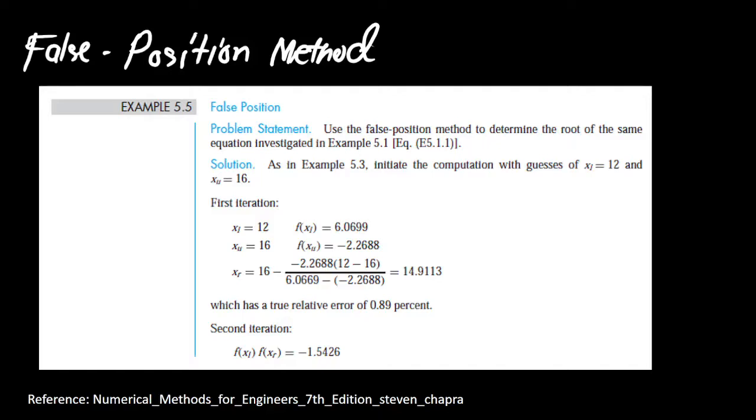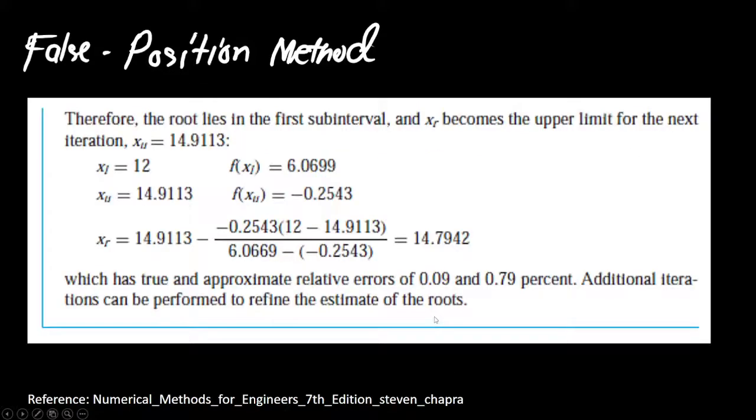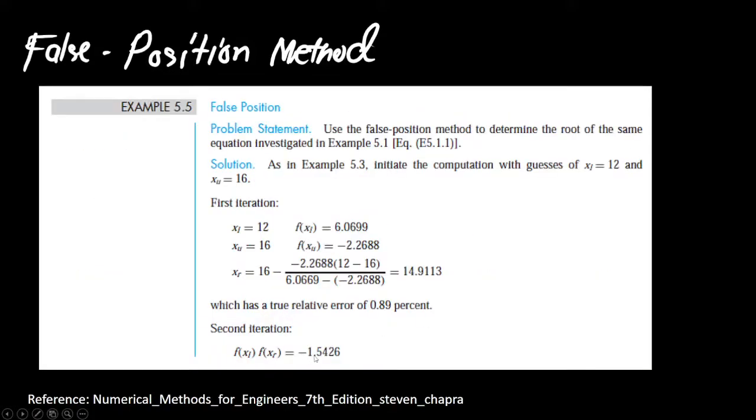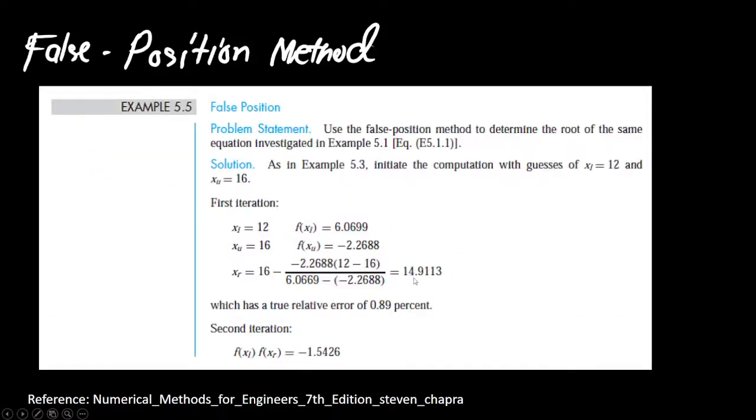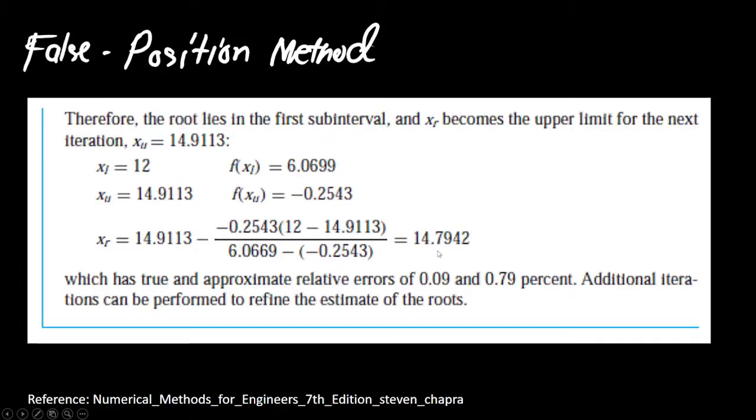The deciding factor is the same for bisection and false position; the difference is how you compute x sub r. For the second iteration, we continue until we get to 14.7. As you can see, these are decimal values, compared to the bisection method, which started with integers until it gave you a decimal value.